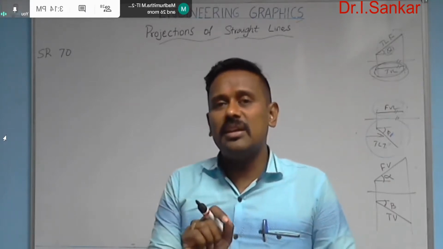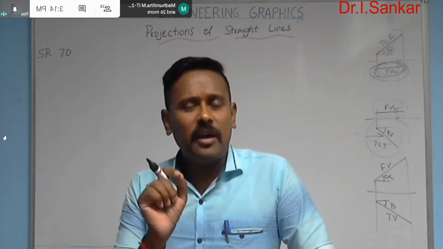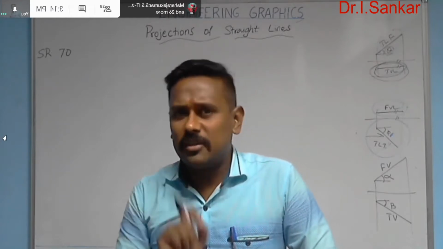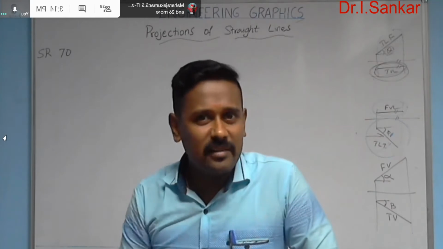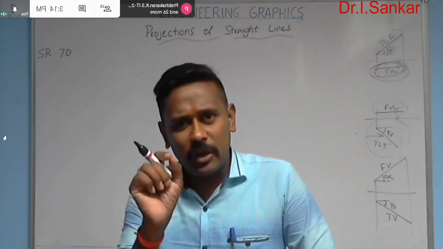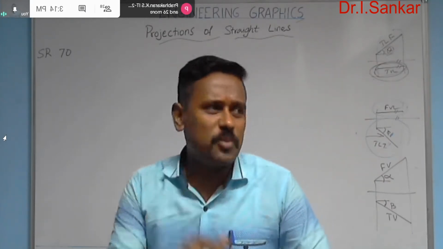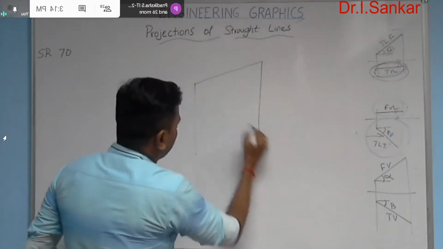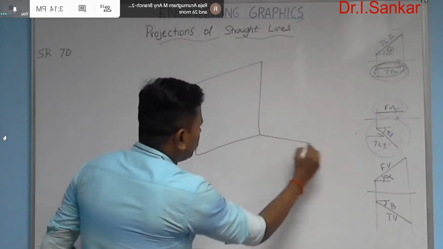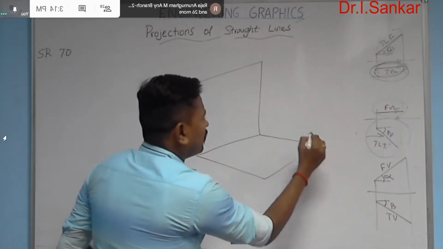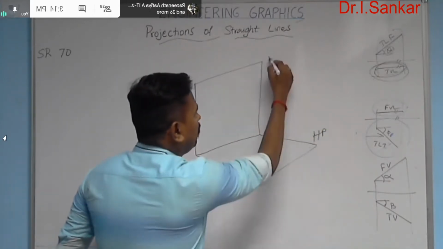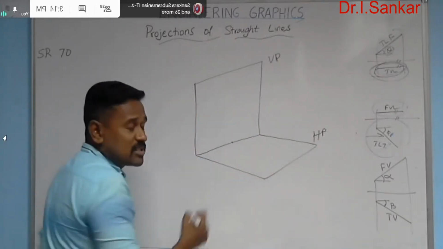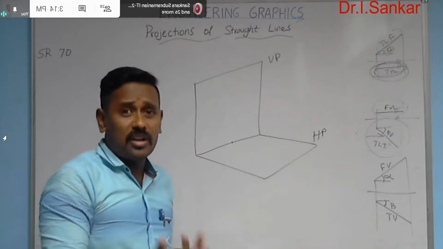So where can the end S be? If a point is in both HP and VP, where can you locate it? Exactly in the reference line. Then only we can say that particular element is in both HP and VP. We studied this formally in the projection of points chapter. If a point is in the reference line, you can't say its quadrant.